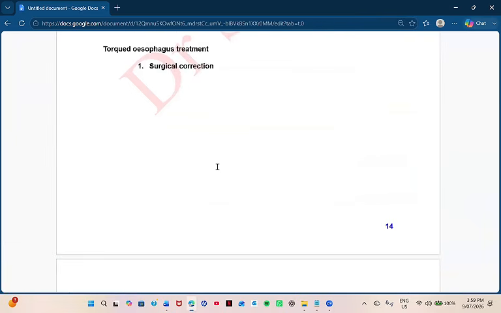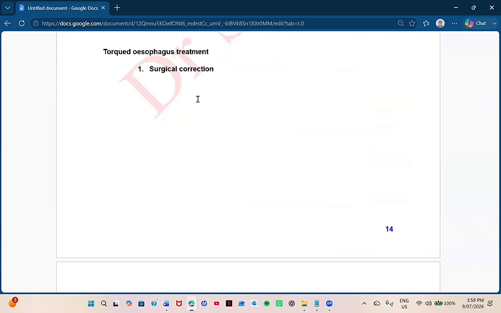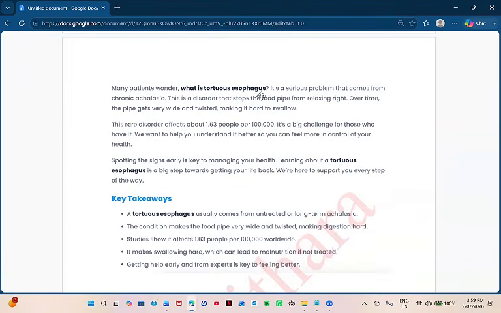So tortuous esophagus treatment. So what do you think? What is this, doctors? What is tortuous esophagus? What is happening there?